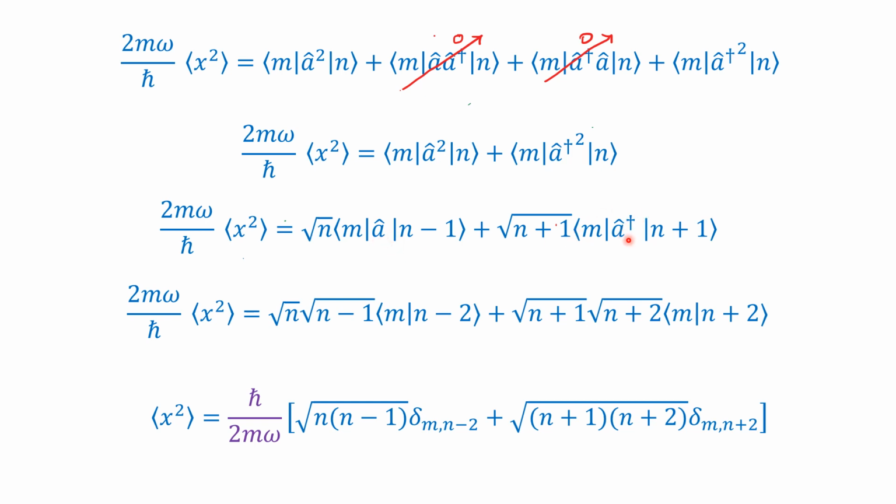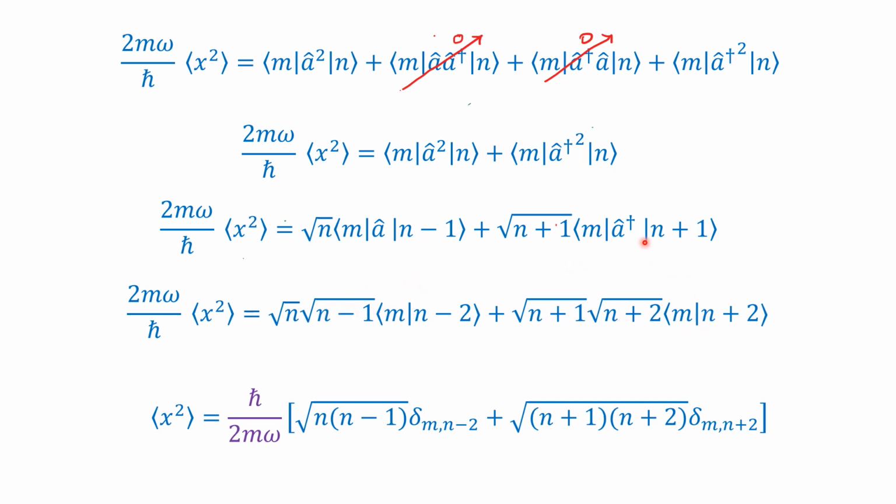Similarly here, when the creation operator acts on this, it increases the energy level by 1. So n will become n plus 1 and the coefficient is square root of n plus 1. Now, if a again acts on this n minus 1, it will reduce further to n minus 2, reducing by 1, and this coefficient is square root of n minus 1.